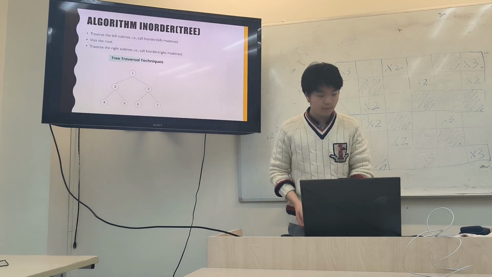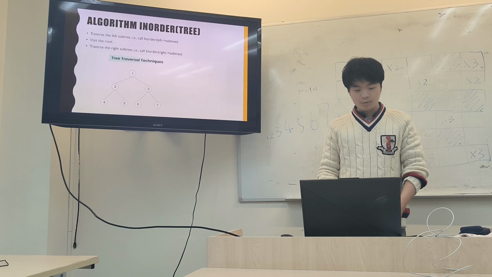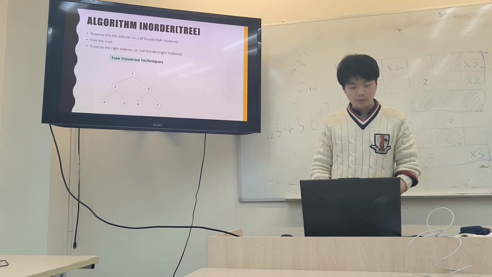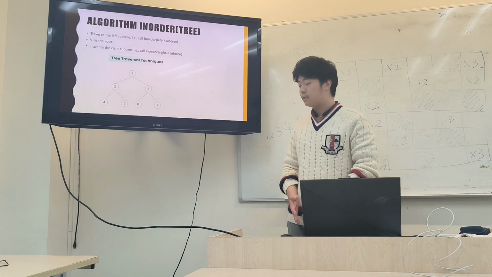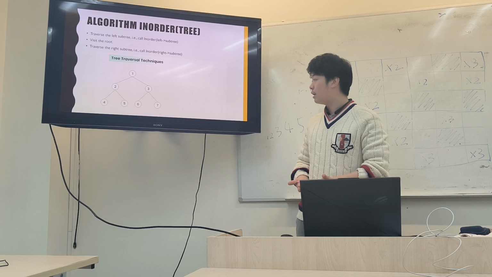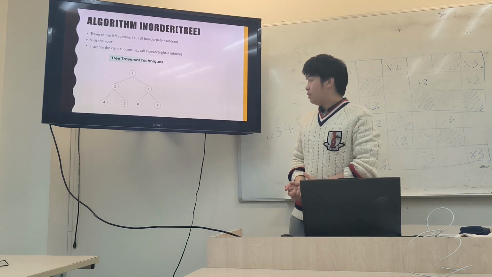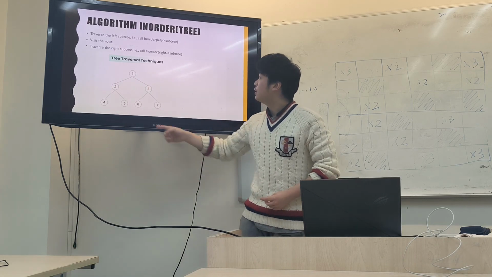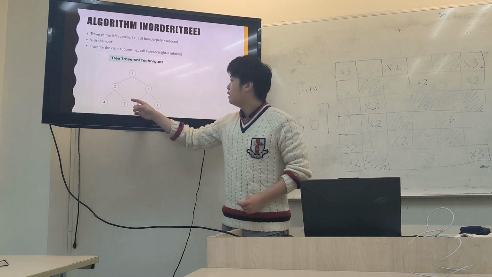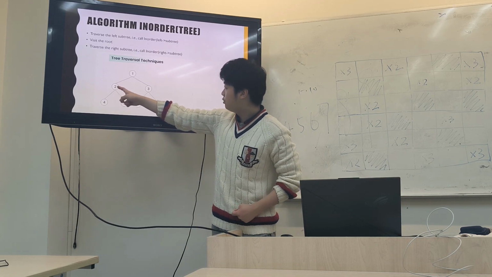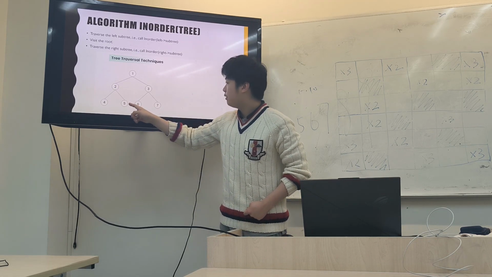Okay. Now we'll talk about in-order traversal. In this kind of strategy, you first visit its left subtree, and then you visit the root, and at last you visit its right subtree. In this tree, this is the root, so you visit this left subtree first, and inside this you visit 4 first, and then you visit the root that is 2, and then you get 5.